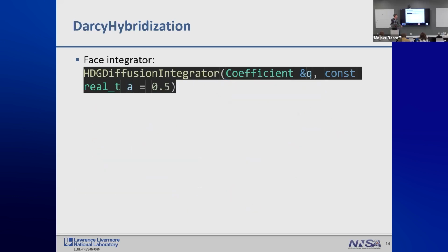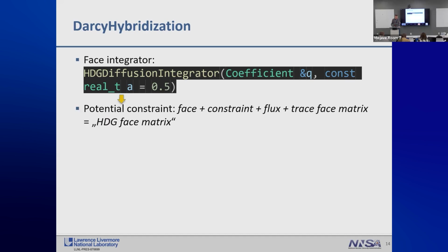So if you remember, we used that HDG diffusion integrator, and that's where the magic happens. That Darcy hybridization then takes this integrator and uses it as the potential constraint.